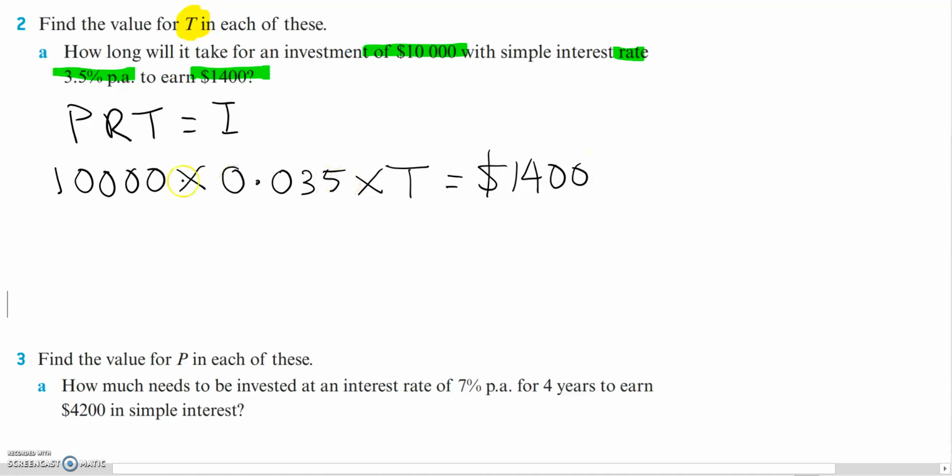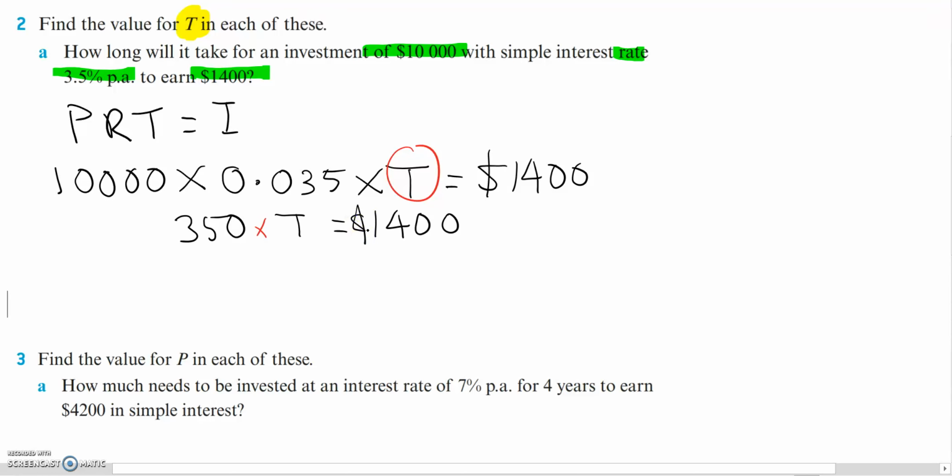So we basically multiply the $10,000 by the 0.035, and we end up with 350. But we still have the T value, so we keep that here, equals $1,400.